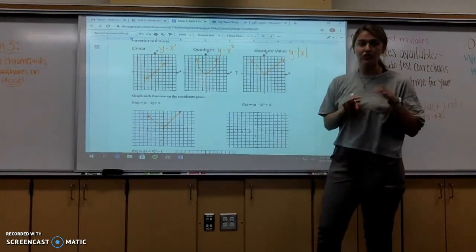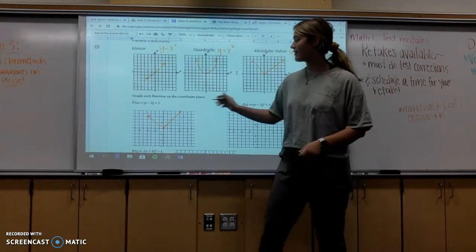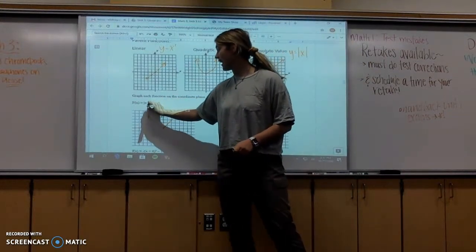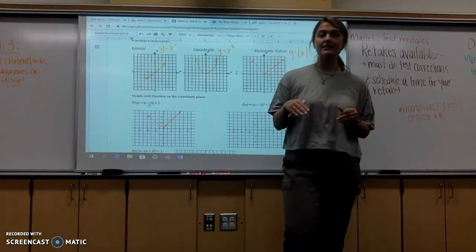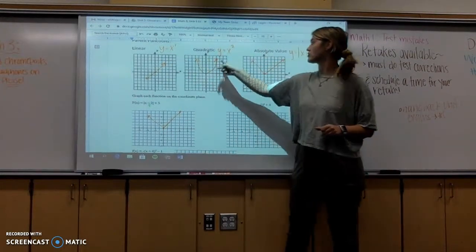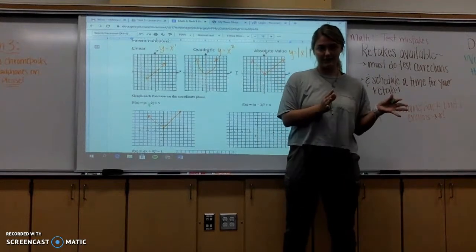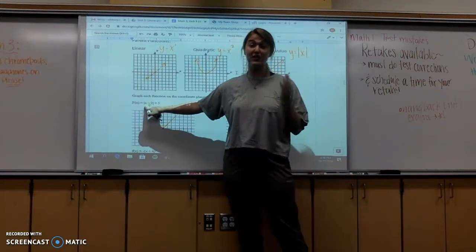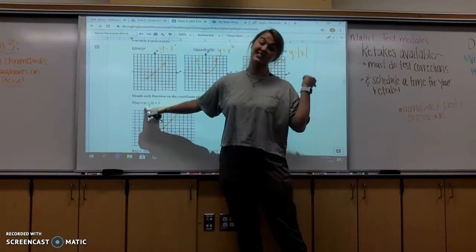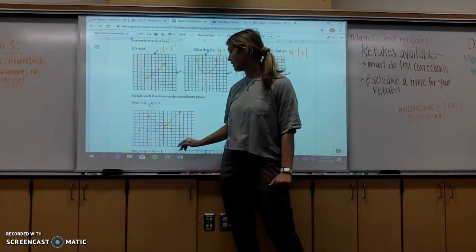And now I'm going to change it and translate it. I have a negative 2 on the inside. What that does is anything I have on the inside of parentheses, like a linear or quadratic, or inside of my absolute value, moves things left to right. Because this is a negative 2, we have to do the opposite of it and move it positive 2. So we're going to go 1, 2. That's a new point right there.